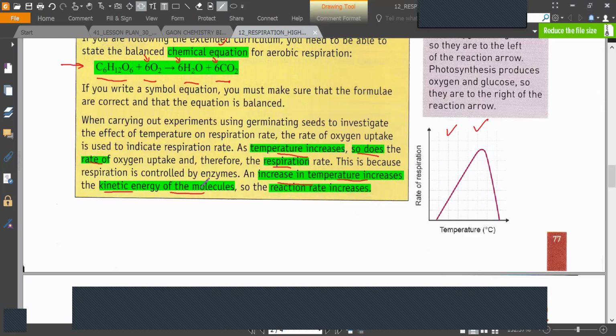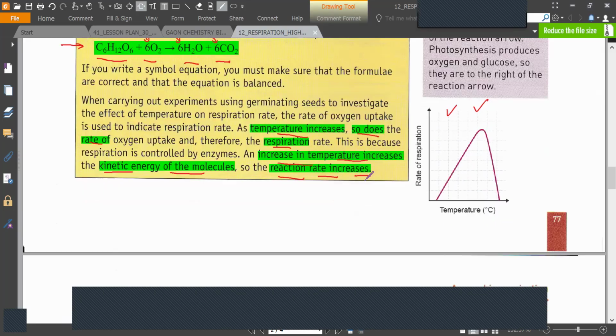The molecules move faster, they collide more frequently, so they react more. The rate of reaction increases.